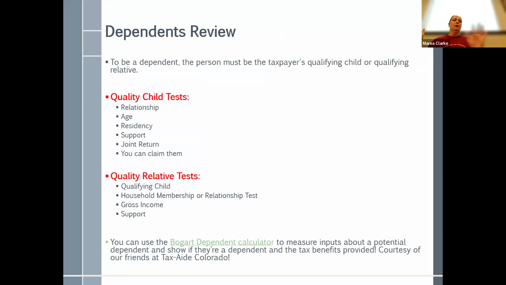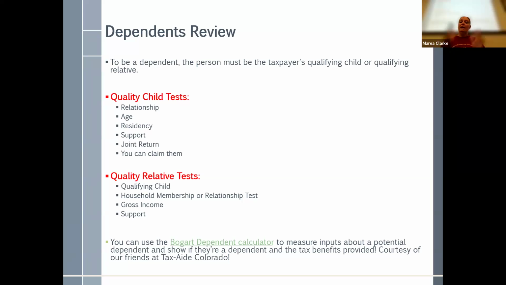All right, dependent review, really quick. Again, there are tests to meet either a qualifying child or a qualifying dependent. Basically, they need to be eligible to be claimed based on relationship, age, residency, support, and not filing a joint return. And then you need to be able to claim them as well. So it's kind of a handshake.